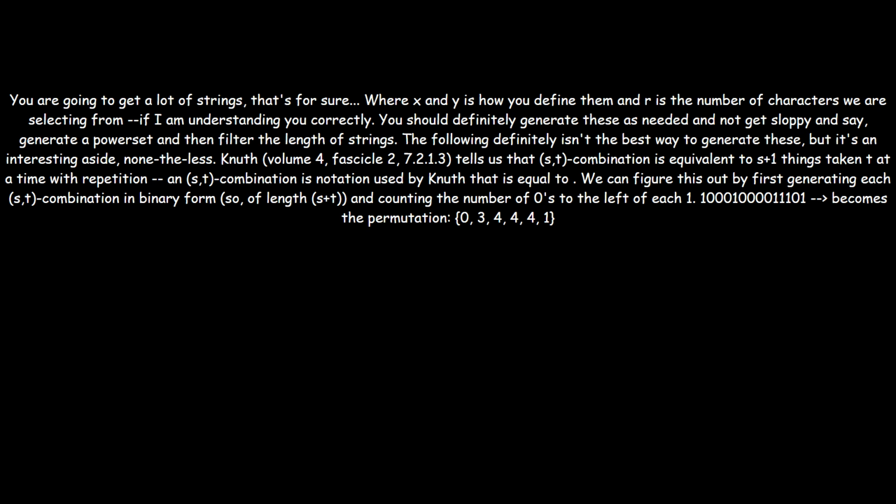We can figure this out by first generating each s,t-combination in binary form, so of length s+t, and counting the number of zeros to the left of each one. For example, 1000101110 becomes the permutation 0, 3, 4, 4, 4, 1.